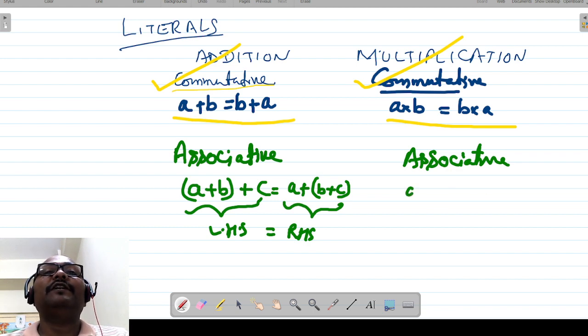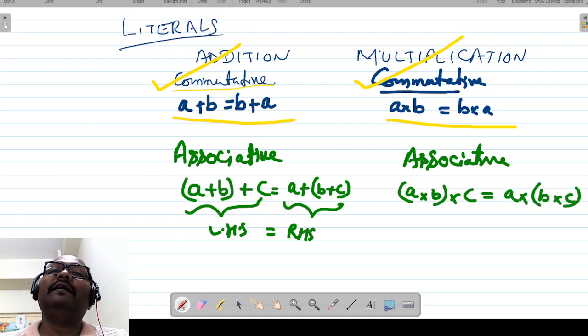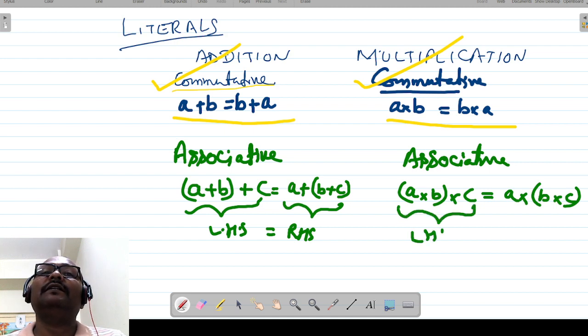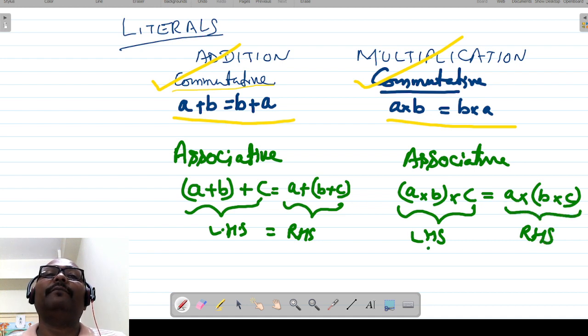Similarly, for multiplication, when a into b is multiplied by c, and on the right hand side we multiply b with c and that product is multiplied with a, then here also the LHS will be equal to the RHS. Values will be the same.